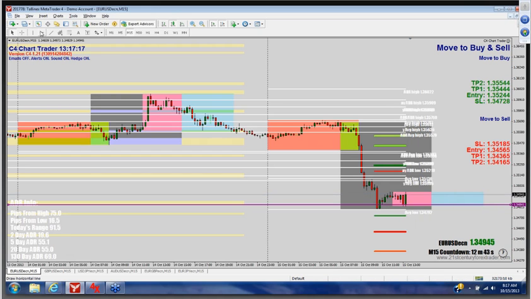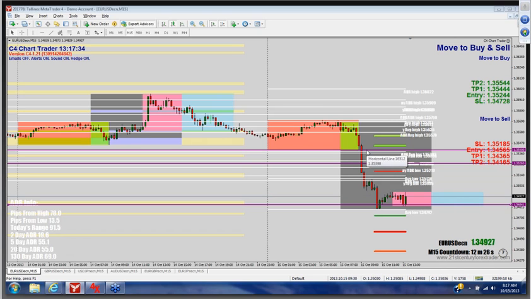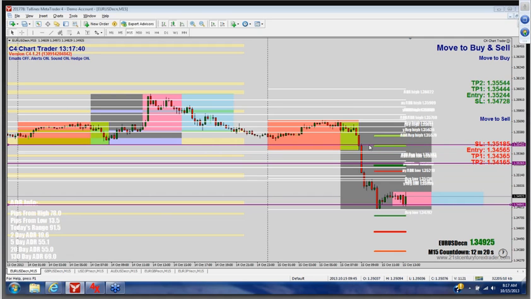The next resistance level is up here at 35.26. Just get this out of the way so I can see where that might be. And 35.26, right about here, is our resistance area. If we break through that, 35.45 would be the next level up, which is right about there.